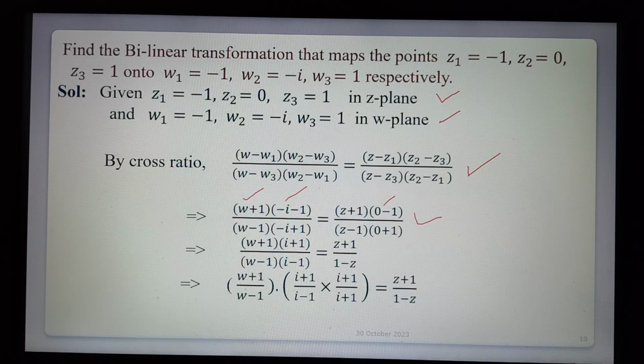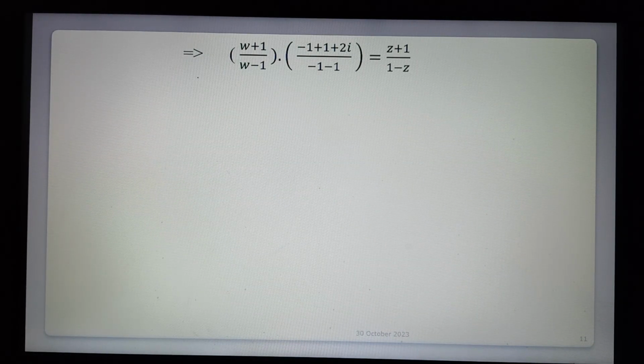Now rationalization on the left side: (w + 1)/(w - 1) into (i + 1)/(i - 1). Here the denominator has i - 1. For rationalization, we multiply and divide by (i + 1). Now after simplification, (w + 1)/(w - 1) into (-1 + 1 + 2i)/(-1 - 1) is equal to (z + 1)/(1 - z).